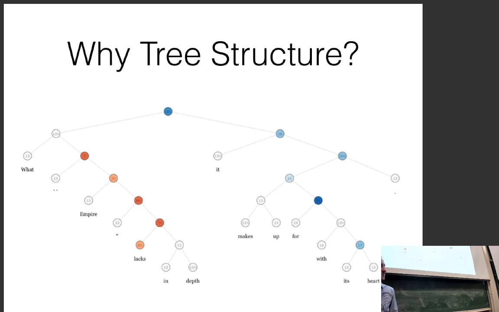Then I want to decide the overall score for the sentence. I can look at the left syntactic constituent and see this is negative, look at the right one and see this is positive, and reason in a very abstract way.